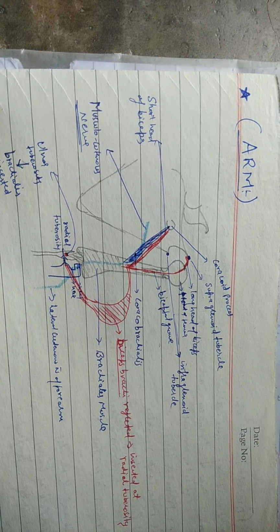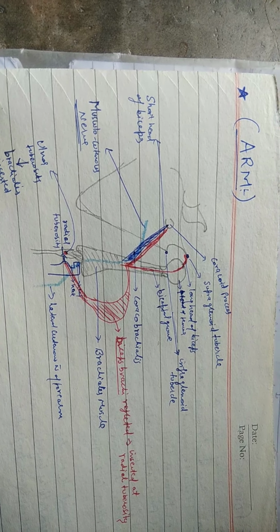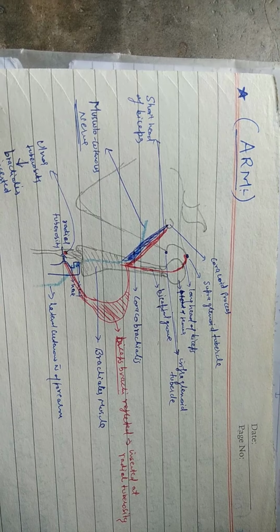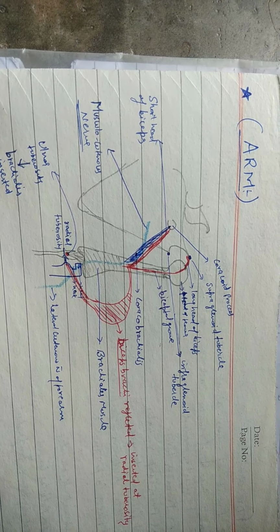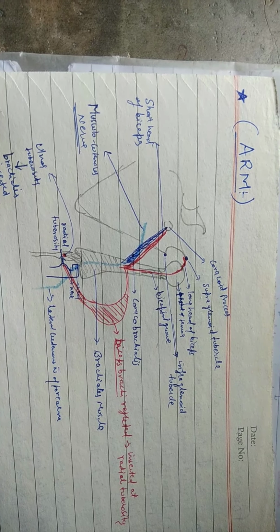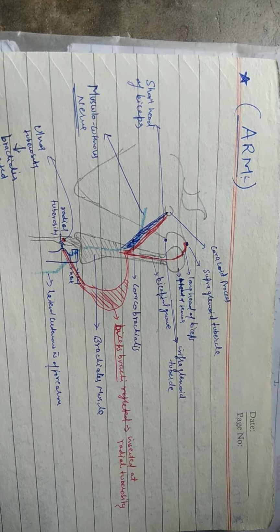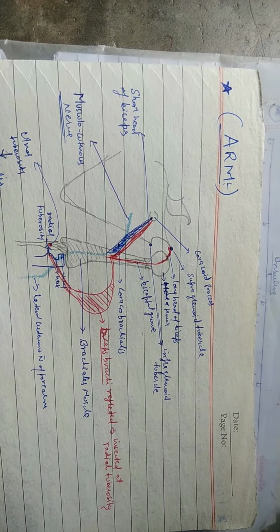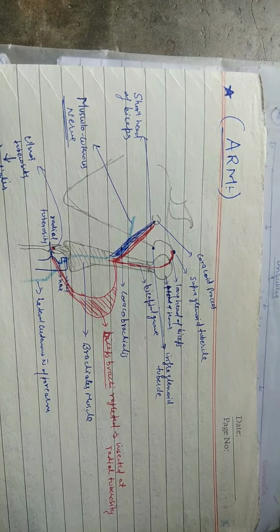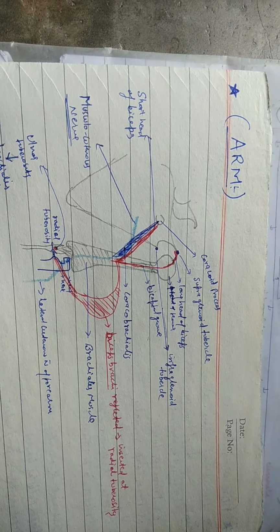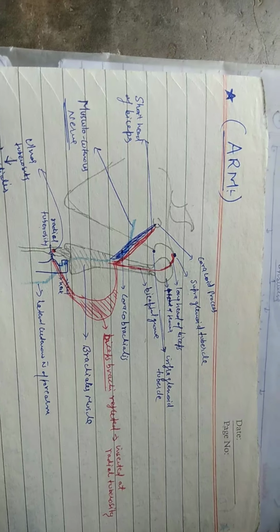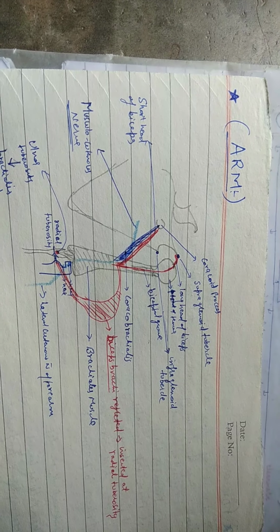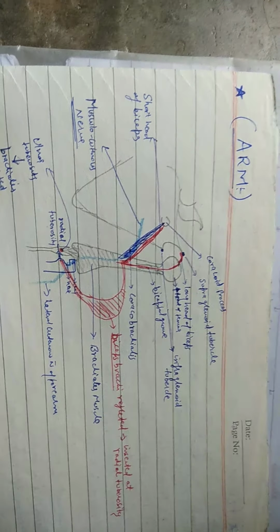We are having coracobrachialis, which originates from the coracoid process of scapula and gets inserted into the bicipital groove of humerus. Then we are having another muscle known as biceps brachii. Biceps brachii originates from the medial, or I can say the mid part of bicipital groove, and gets inserted into the radial tuberosity of radial bone.